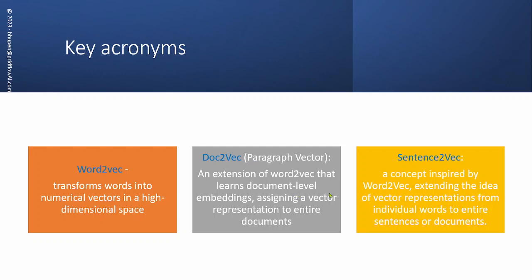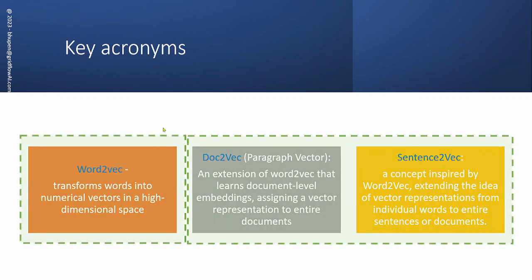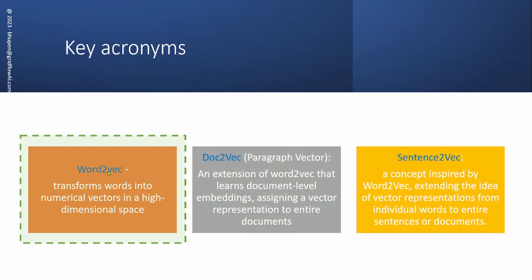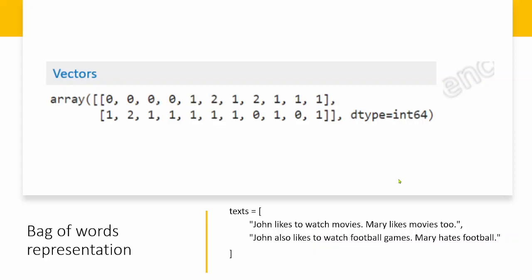The technical aspects I'll be showing you after we go through the understanding and implementation of Word2Vec. So I've divided it into two parts. The first one is Word2Vec, and then in the later part of our video series, we'll be talking about document to vec and sentence to vec.